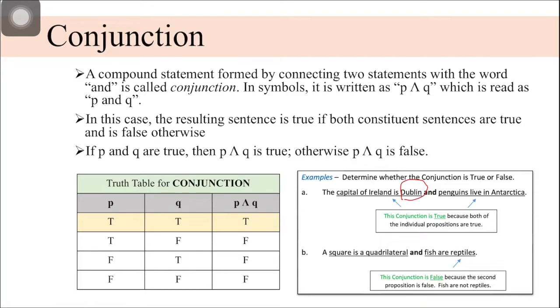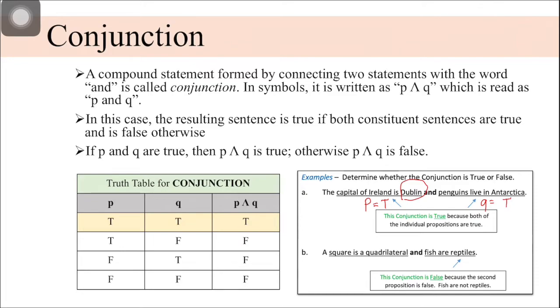This is your P statement, which is true, and this is your Q statement, which is also true. So the resulting sentence is true because both of the constituent sentences are true.